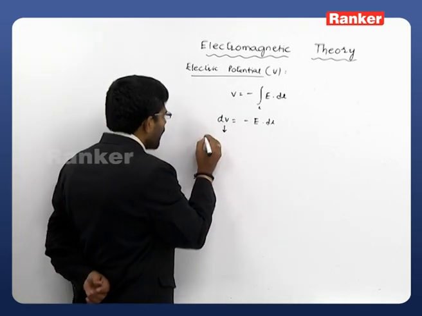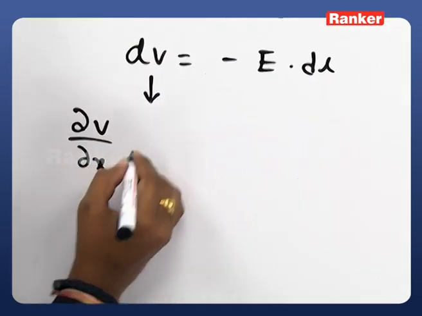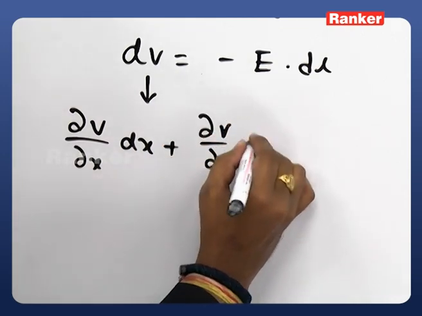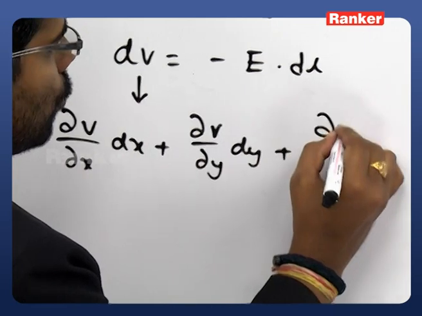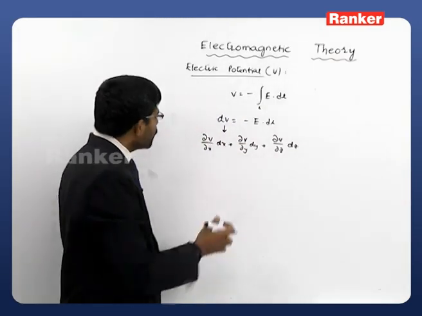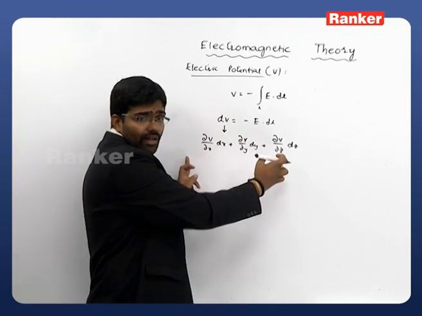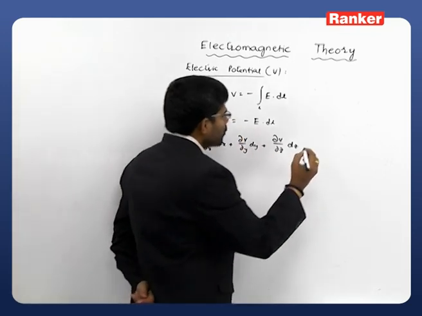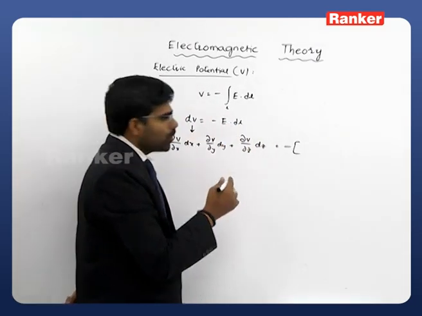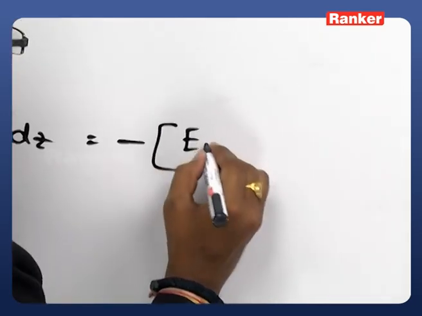So how to write down the equivalent of this differential quantity using differential calculus? This dV can be written as dou V by dou x dx plus dou V by dou y dy plus dou V by dou z dz. That's the equivalent of this dV in rectangular coordinate system, which must be equal to minus E, expanded in rectangular coordinate system with its components Ex, Ey, Ez.